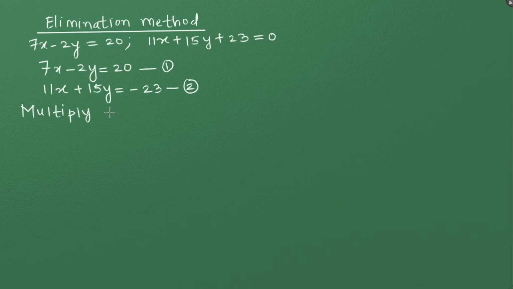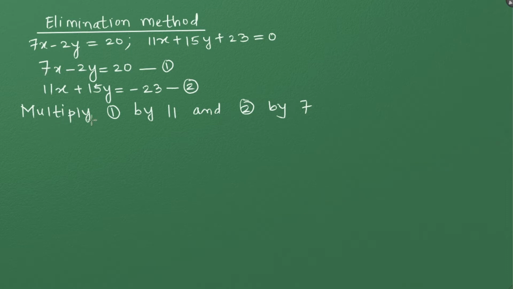Multiply equation 1 by 11, which is the coefficient of x, and equation 2 by 7, which is the coefficient of x.